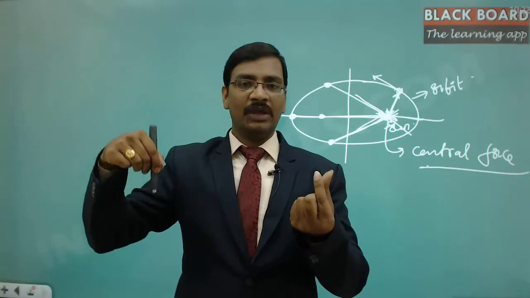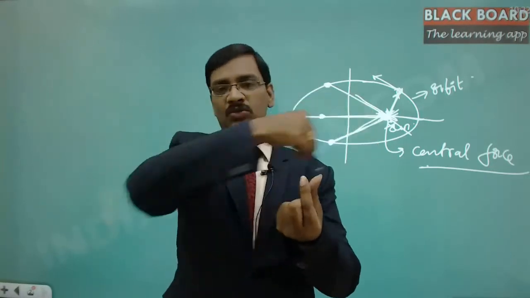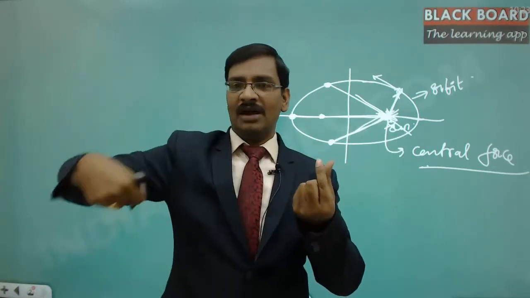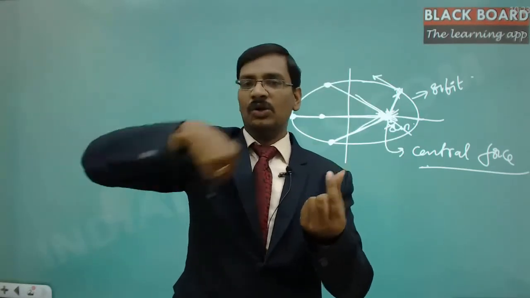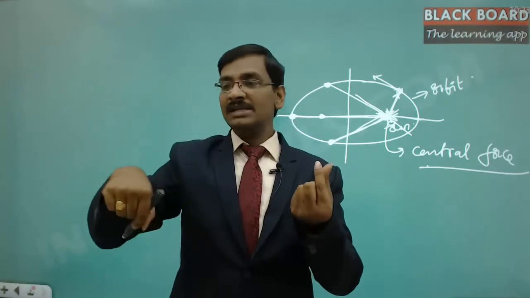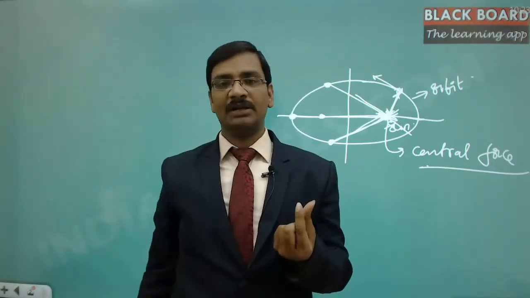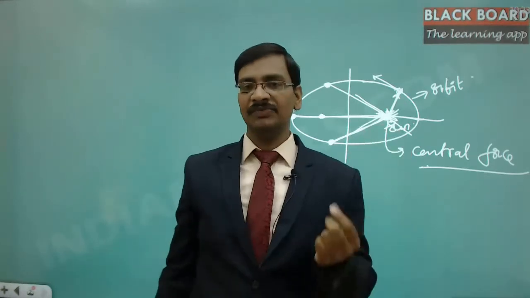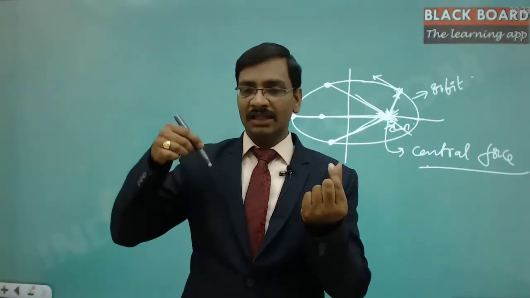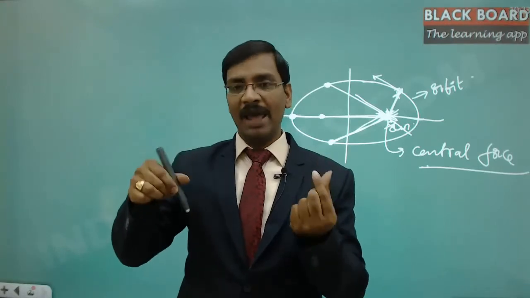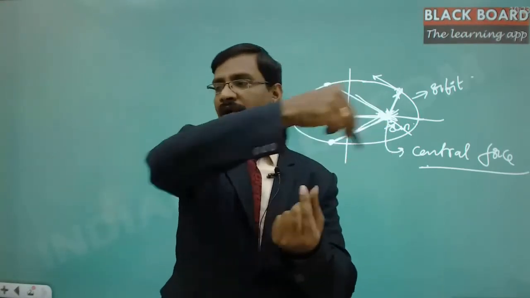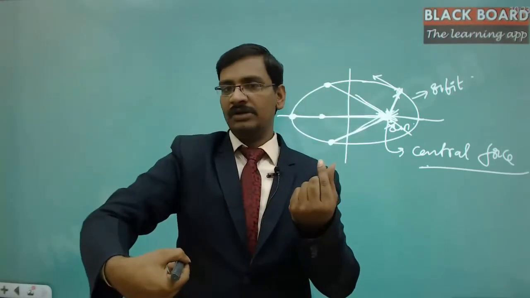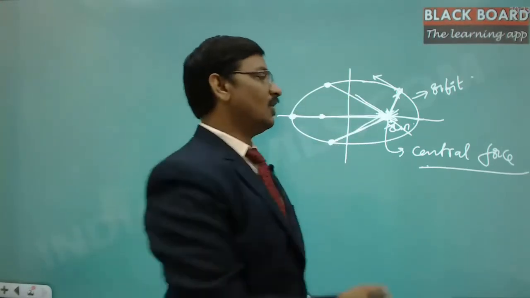We cannot think that the particle rotates in this manner once and then in another manner. Otherwise it would have a three-dimensional shape, but motion under central forces assures that the particle moves in a single plane. That means it will always rotate like this only. It cannot move once like this and once like this. Got it? That is the rule laid out by Kepler.